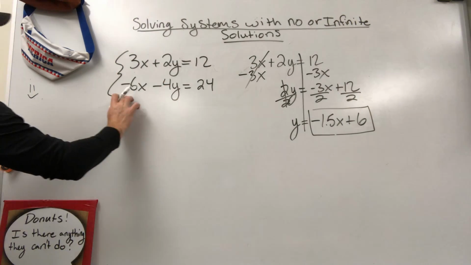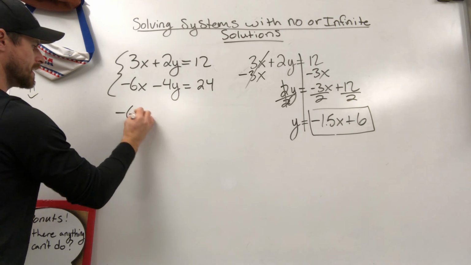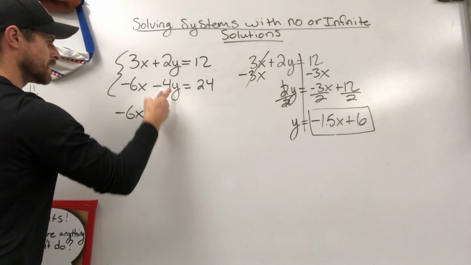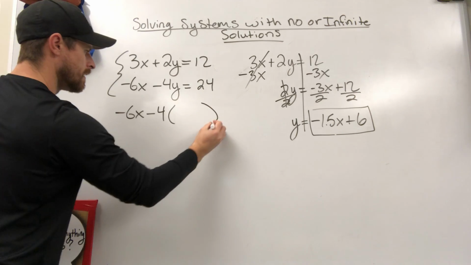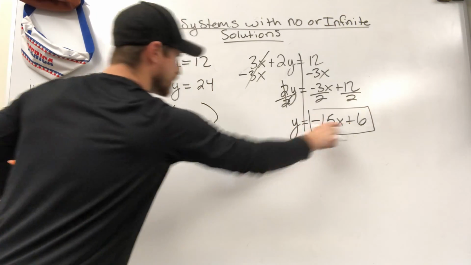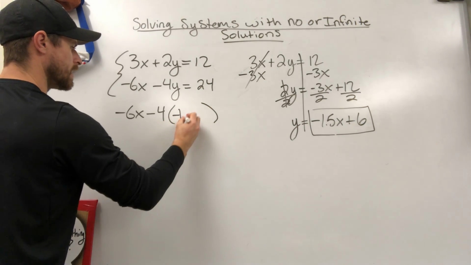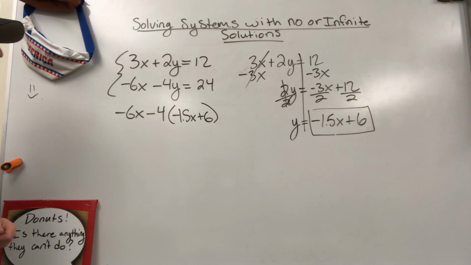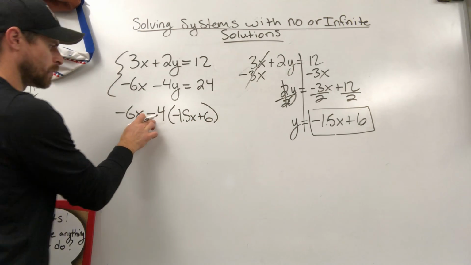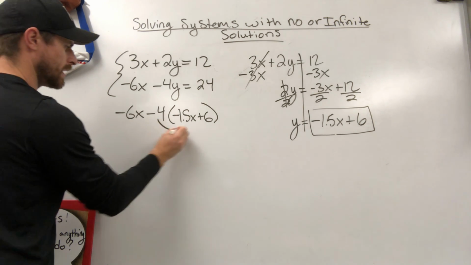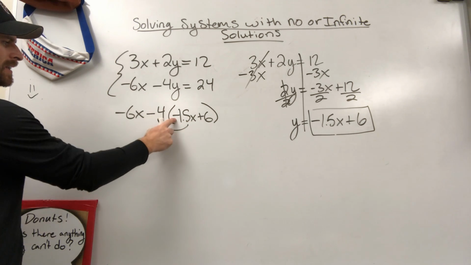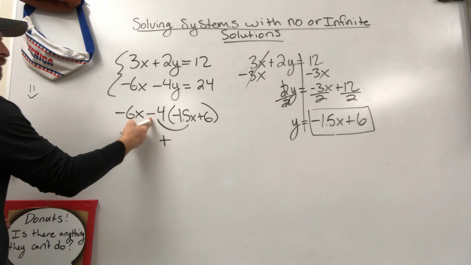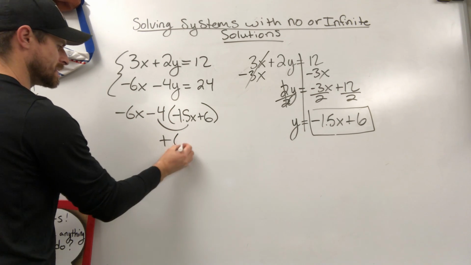Okay, so now I'm going to rewrite this out, -6x minus 4, but instead of y, I'm putting this information, which is equal to y. Okay, so now I need to take -4, multiply it by -1.5. A negative times a negative makes a positive. 4 times 1.5 would give me 6.